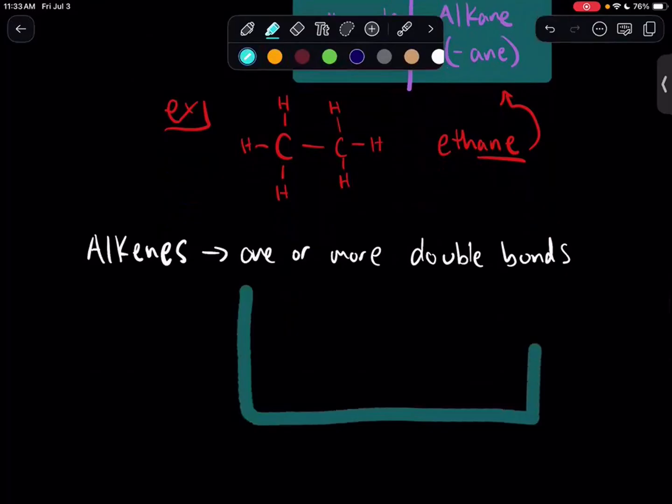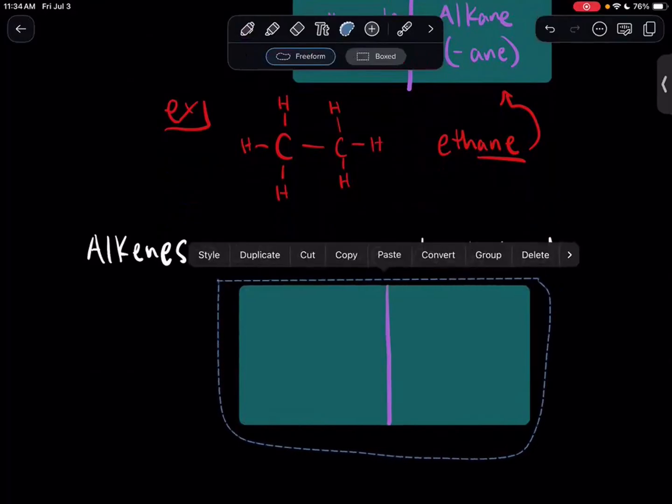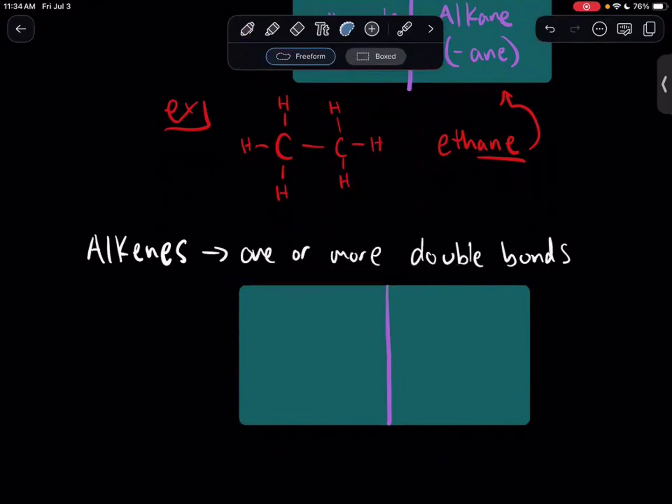What I might just do before I fully finish this is copy this so that I can just start pasting. All right. Now, an alkene might be one or more double bonds on the first side. We call that an alkene, suffix ene.